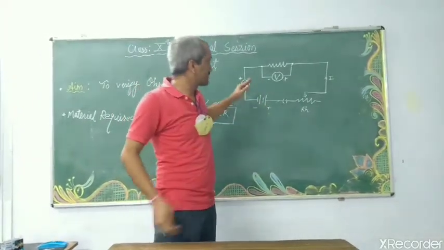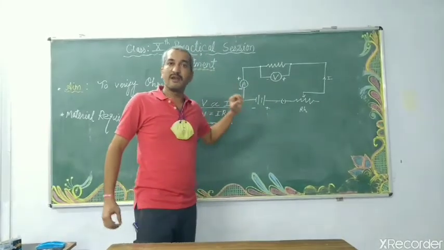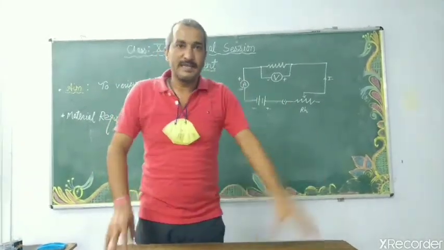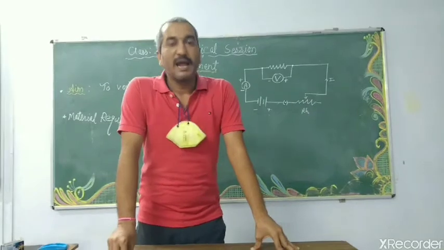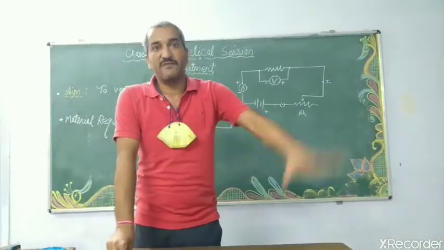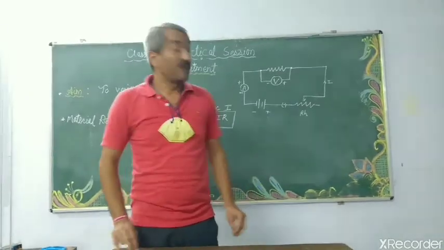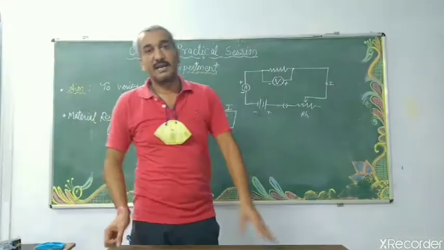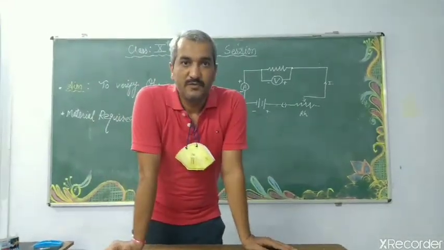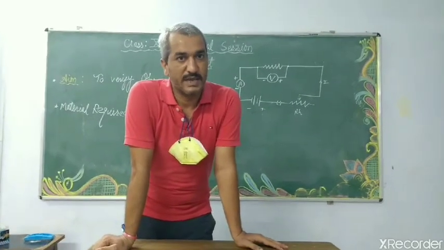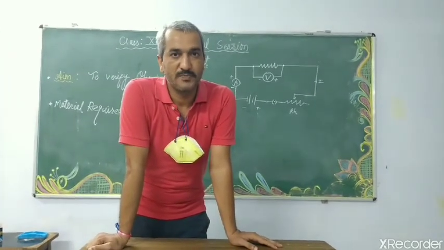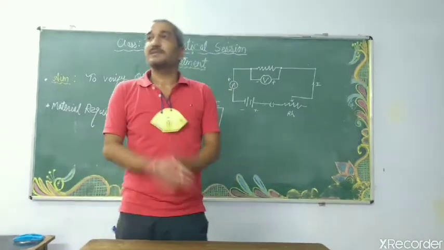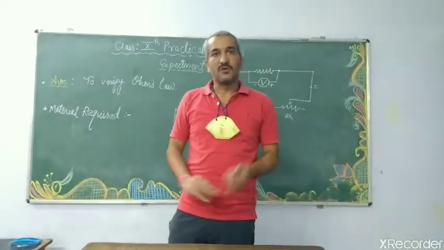So we will take these values and write them in the observation table, and then we will plot a graph, and we will see if the graph is a straight line or not, which was said by George Simon Ohm. Got it? So this we will see in the circuit.